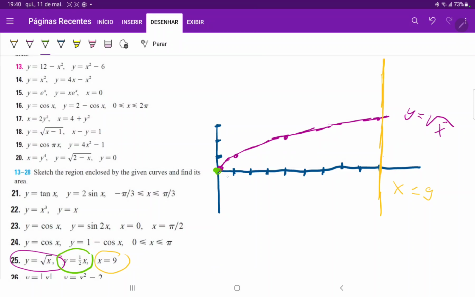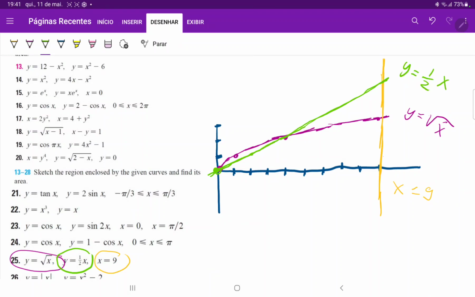So it goes, let's see, (2, 1), and then that should go (4, 2). Yeah, so it goes something like here, and it should keep going upwards like this. Yeah, and this is the line y is equal to 1/2 x.